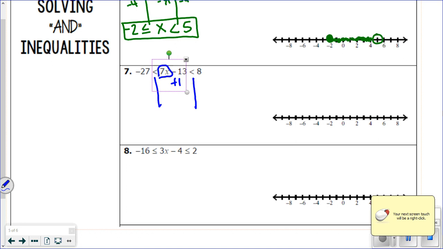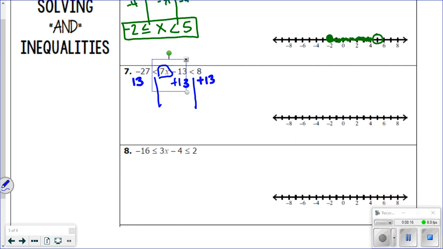Add 13. Add 13. -27 plus 13 is -14. Bring down your sign. 7x, your sign. 8 plus 13 is 21.